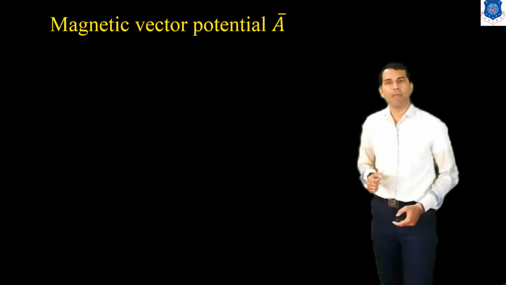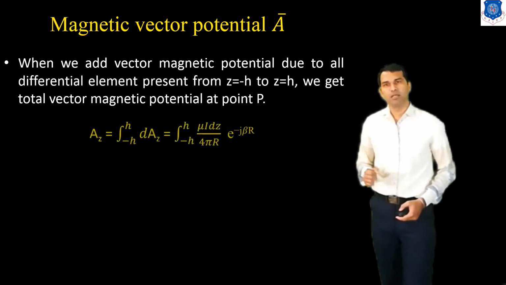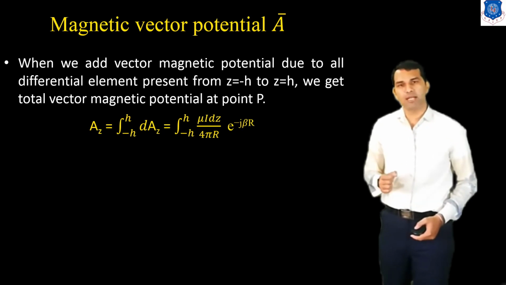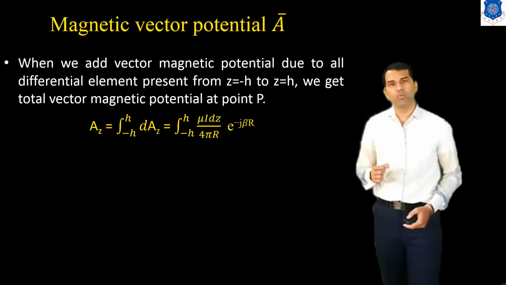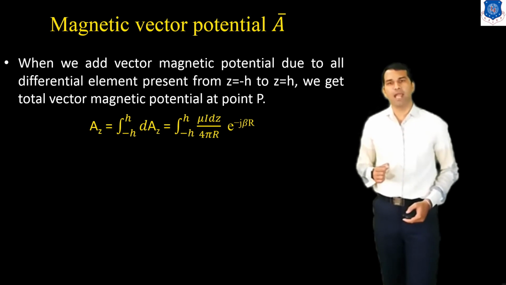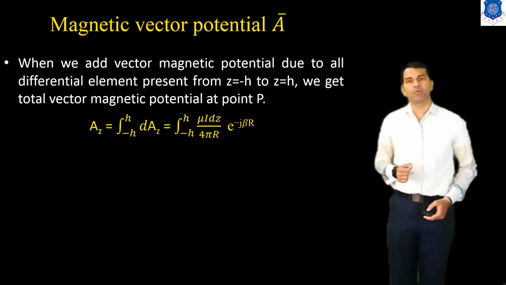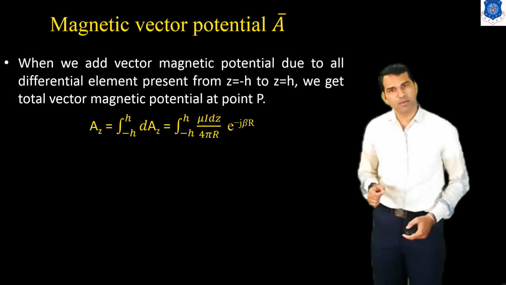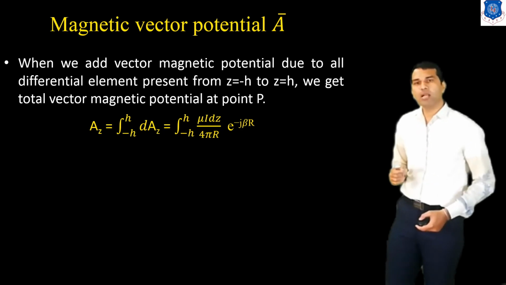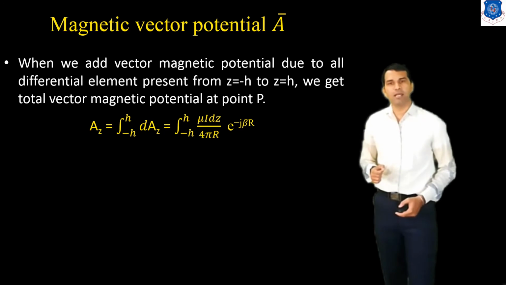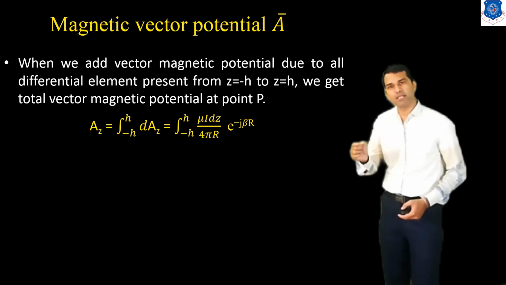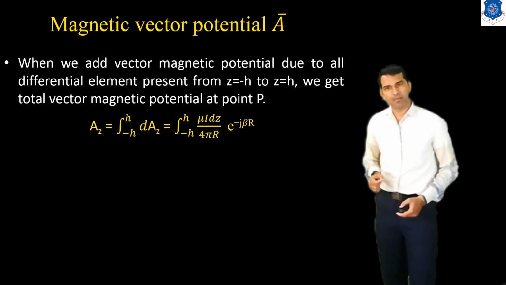Now the magnetic vector potential: when we add the vector magnetic potential due to all differential elements present from z equals minus h to z equals h, we get the total vector magnetic potential at P, Az equals the integral from minus h to h of dAz.